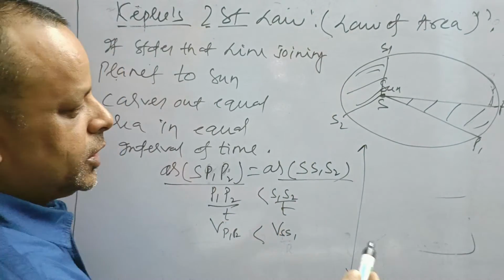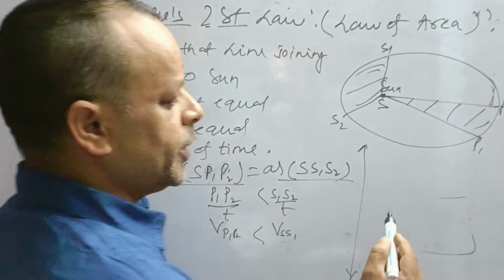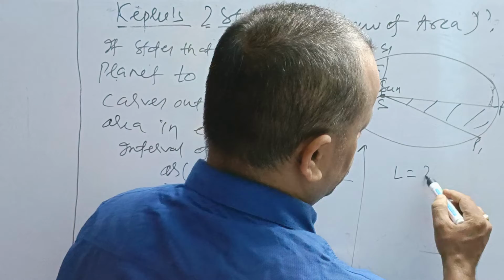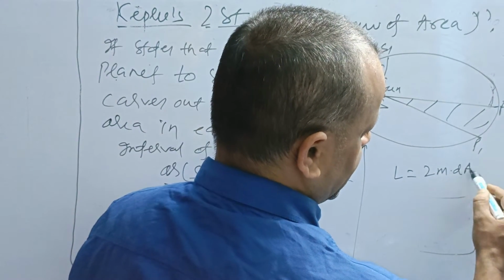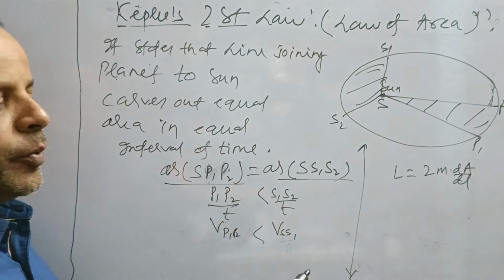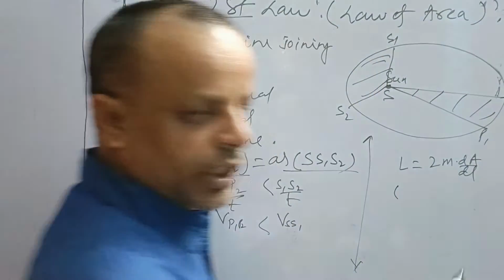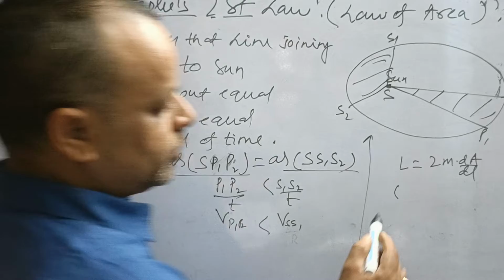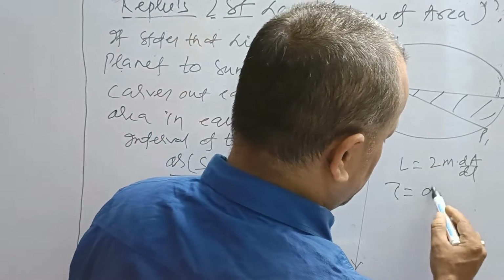How come? We know that angular momentum can be written as L equal to 2m into delta A by delta t. From the law of conservation of angular momentum, if no external torque acts on the system, total momentum of the system remains conserved.